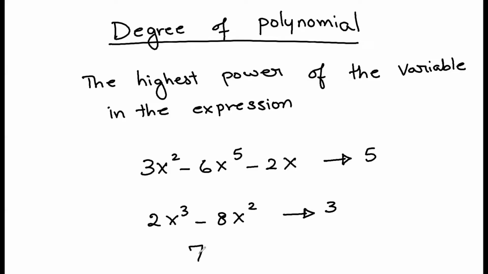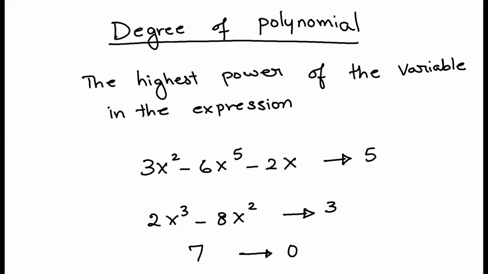And I ask you, what is the degree of this monomial? Try to guess. It is 0. Hope it is clear. The highest power of the variable in the expression is called the degree of the polynomial.